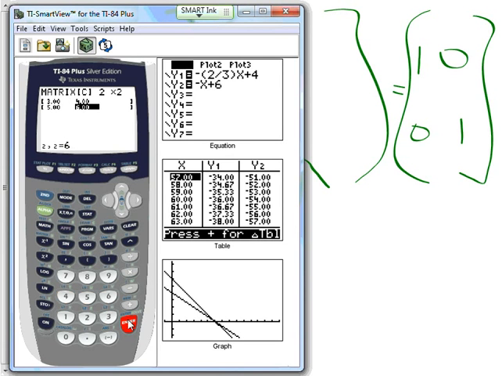So now how do I do the inverse of C? I go out, clear off this completely, clean it. Inverse of C. First you put in C. So I'm going to go second matrix. I got to pull up the C matrix. Hit enter. See, I got C ready to go. Now I need the inverse of it, which is this button right there.